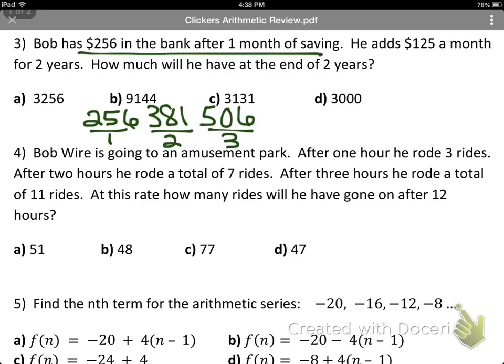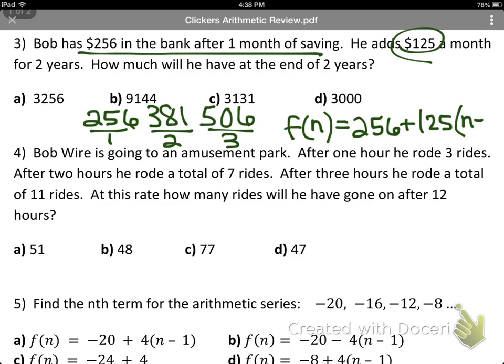So the pattern is we start with 256 after 1 month in the bank, and then he's adding 125 every month. So in this case, we've got f of n. I can pick any of the 3 numbers. It might be easiest to just use the first one. That's what we're used to. The slope is the number it's going up by. And then n minus, I used the first number, so I'm going to minus 1. So then I can plug in.